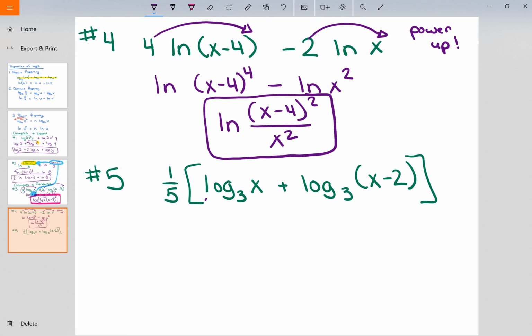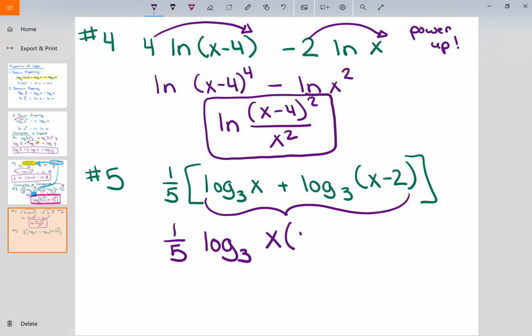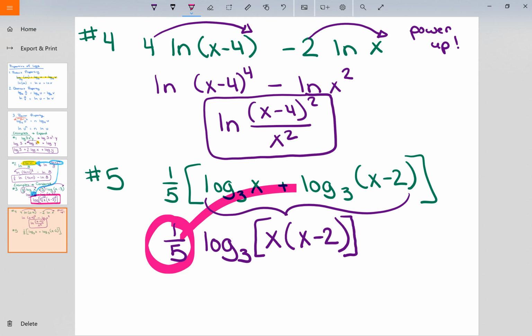So in this case, since it's a little bit complicated, I'm going to go ahead and do the inside first by multiplying. So I'm going to have 1/5 log base 3 x minus 2. Now remember, I'm going to use brackets. Remember, this is all together. So that when you take your power and you power up, please note that that goes on the outside.